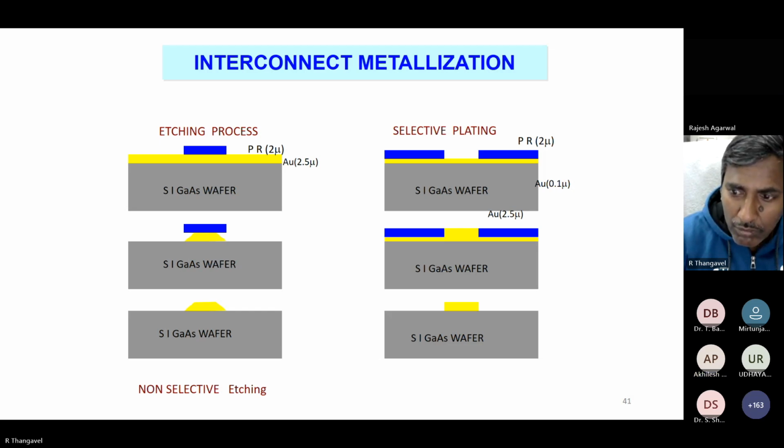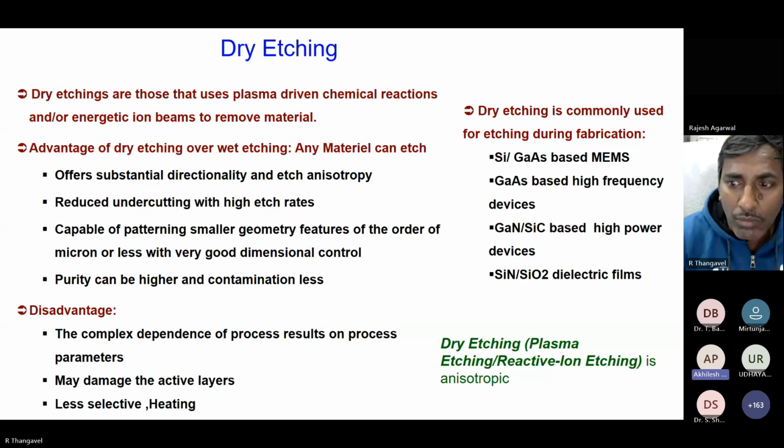Now, dry etching. Dry etching uses plasma-driven chemical reactants. The basic advantages of dry etching: any material can be etched, undercutting is reduced with high etch rates, it is capable of patterning smaller geometry features of the order of a micron or less, with very good dimensional control and higher purity. The basic disadvantages: complex dependence of the process results on the process parameters, possible damage to the active layers, and less selectivity.